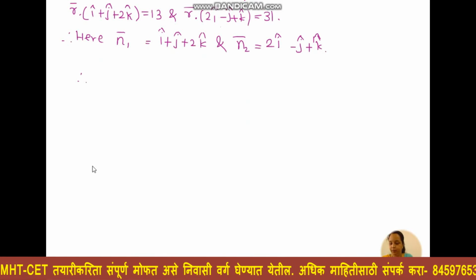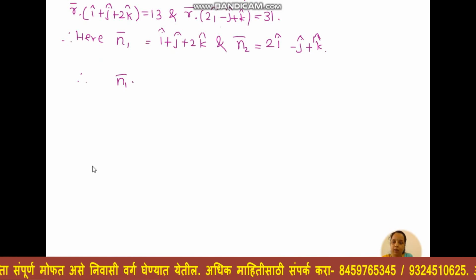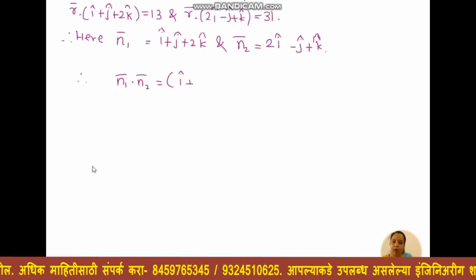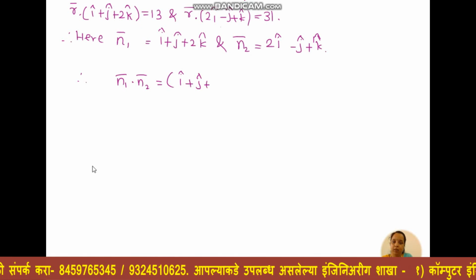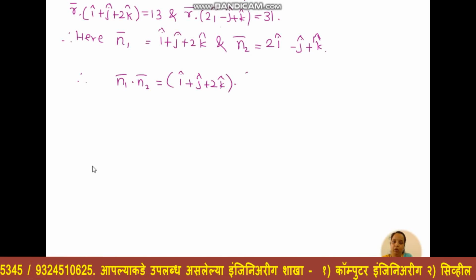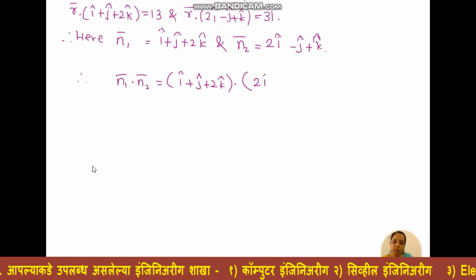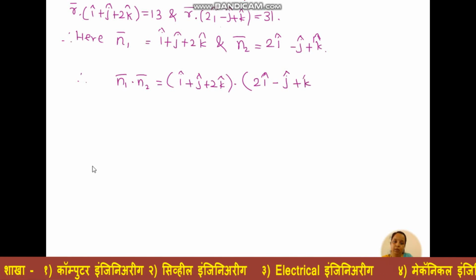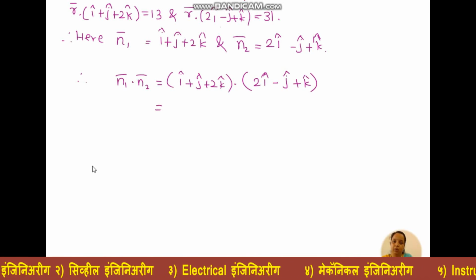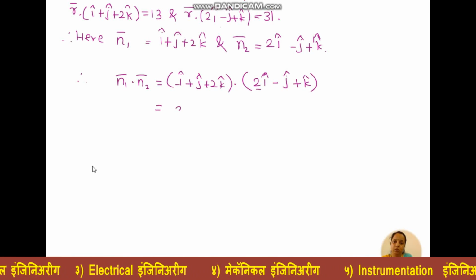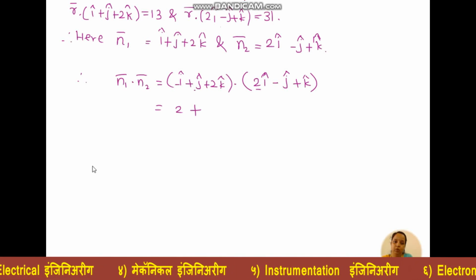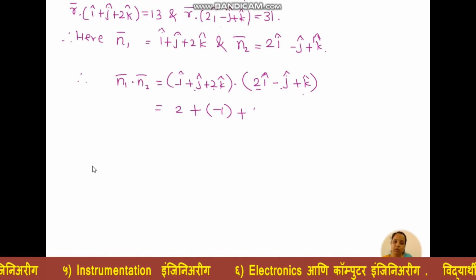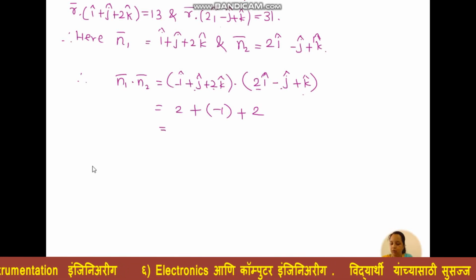Therefore, n1 bar dot n2 bar is equal to (i plus j plus 2k) dot (2i minus j plus k), which is equal to 1 into 2 is 2, plus 1 into minus 1 is minus 1, plus 2 into 1 is 2.